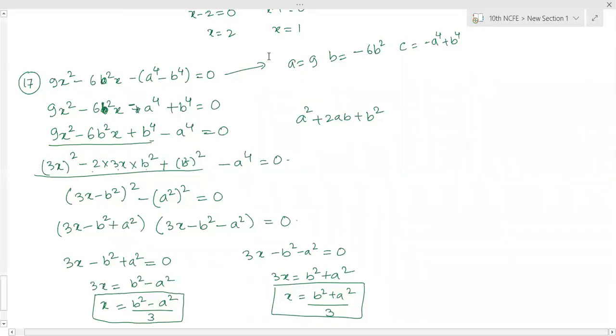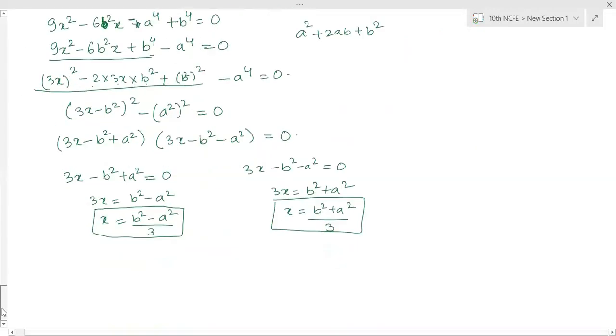So your homework is the left out questions between 1 to 20, exercise 4.3. We have already solved 7, 8 questions.